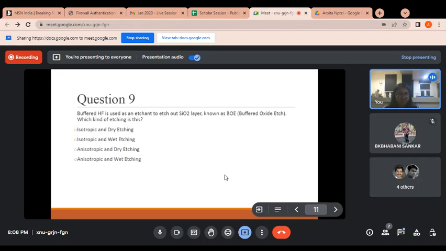If it is anisotropic, then it etches only in a particular direction. But when we use the BOE for etching the silicon dioxide, it is a solution, so it is the wet etching process, and it etches out the silicon dioxide in all directions. That's why it is called isotropic. So the right option is option B, isotropic and wet etching. Right?